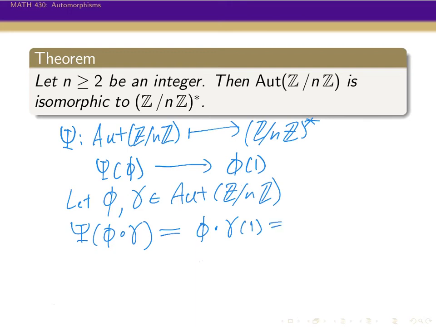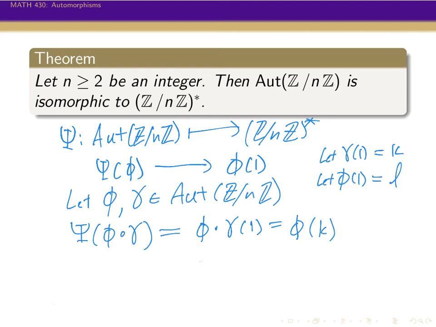And so let's let gamma of 1 be k, and let's let phi of 1 equal L. And so then phi of gamma of 1 is phi of k.